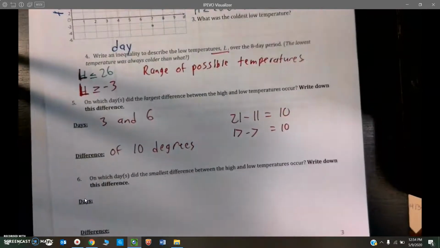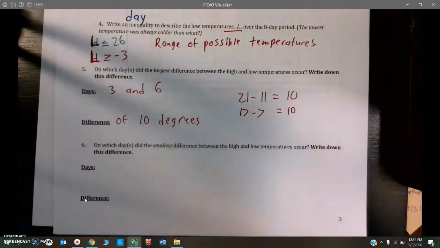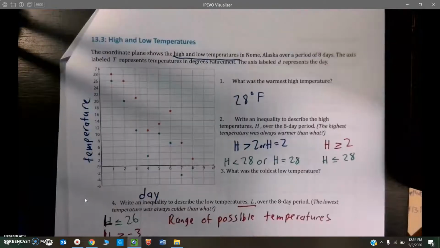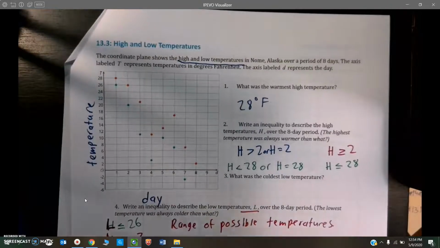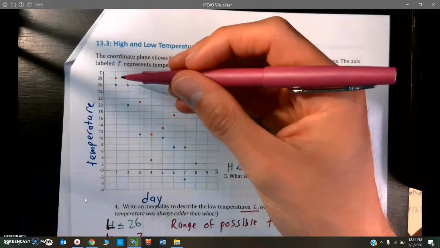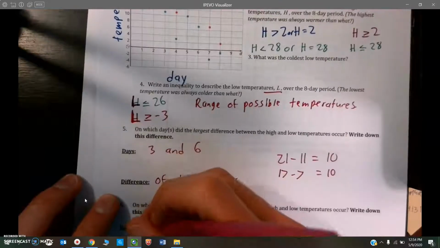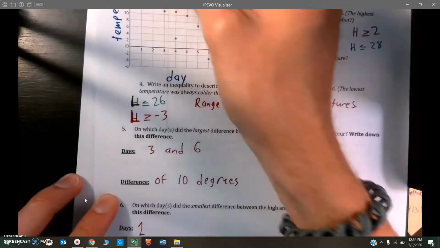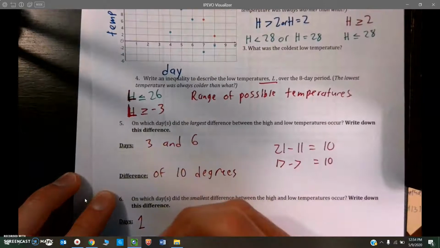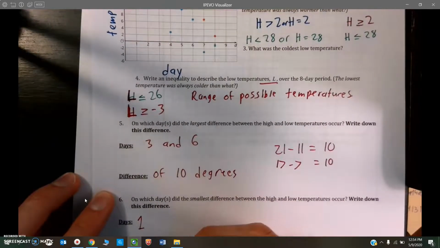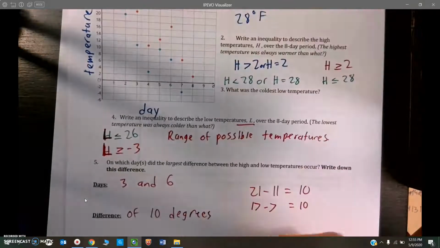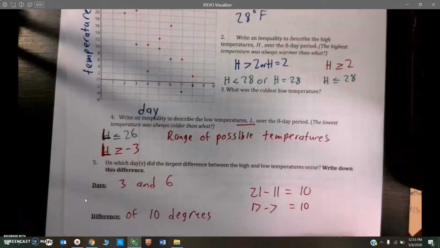And on which days was there the smallest difference? It looks like this one is where they are the closest apart, the smallest difference. So on day 1, the differences were really small. It was just 2 degrees. And once again, that's because we did 28 minus 26, and that's 2 degrees.